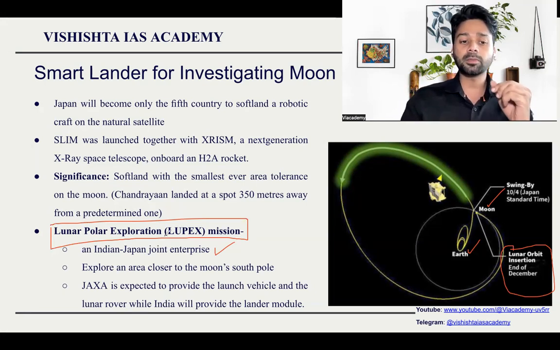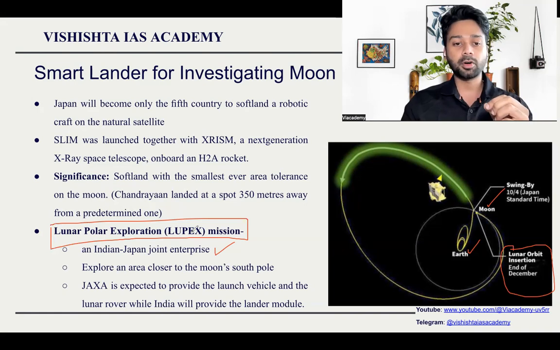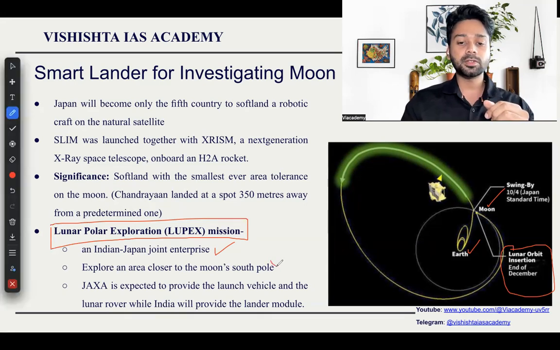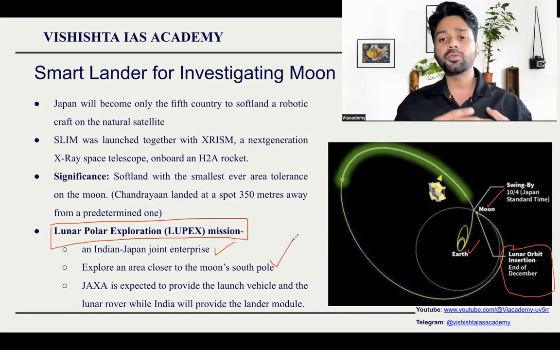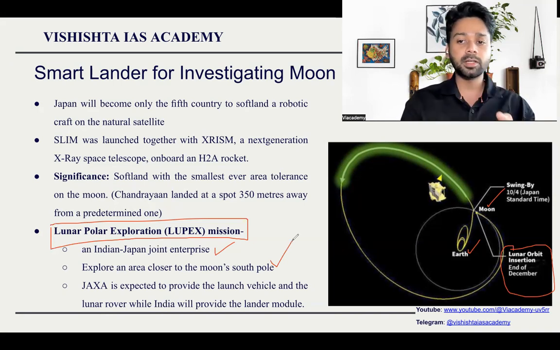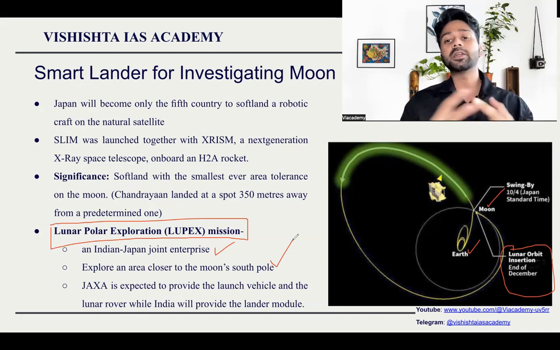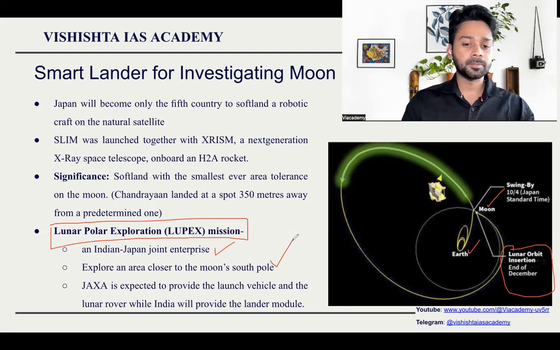If this mission happens successfully, we would reach the southmost point of the Moon, which is very good for mineral exploration and exploration about water existence. We have already proved that water exists on the Moon, but a detailed exploration is required.